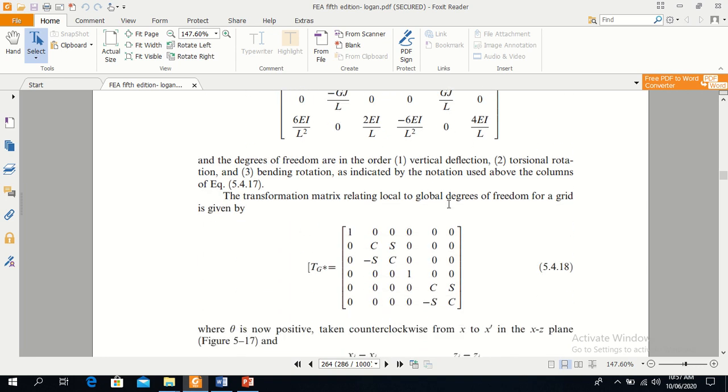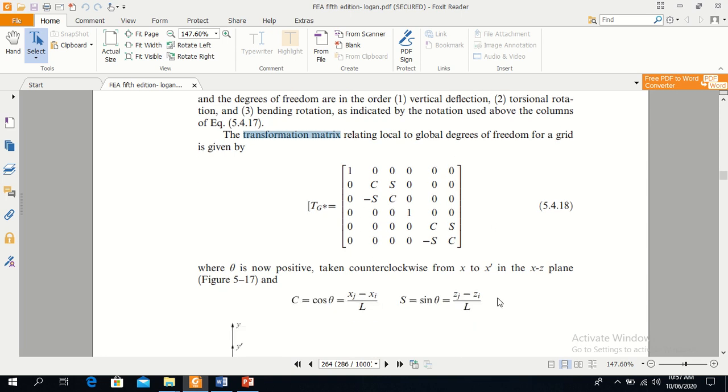Then you note down this transformation matrix. This is the transformation matrix which is used to relate local to global matrices. If you want to transform a matrix from local coordinates to global coordinates, we will use this transformation matrix.